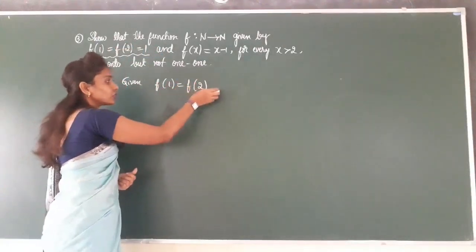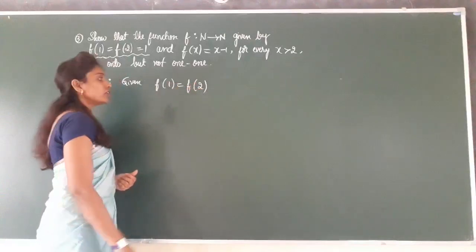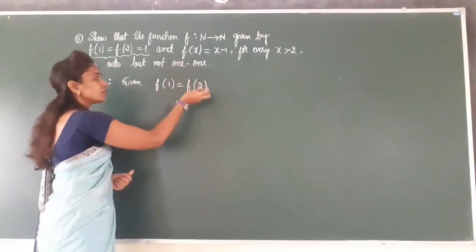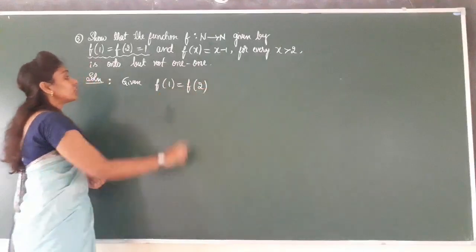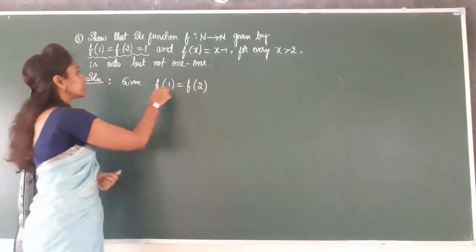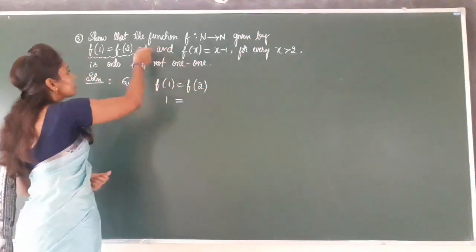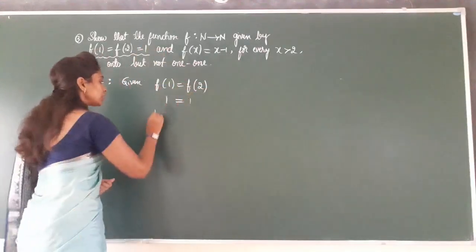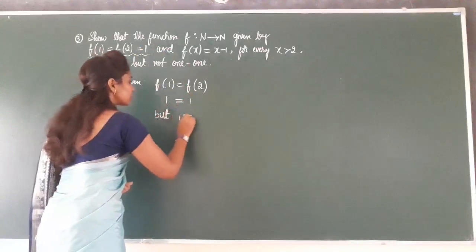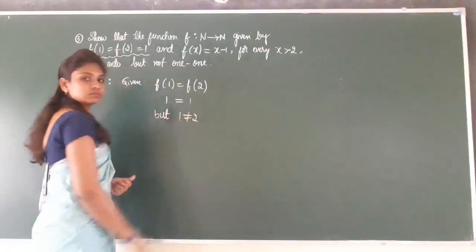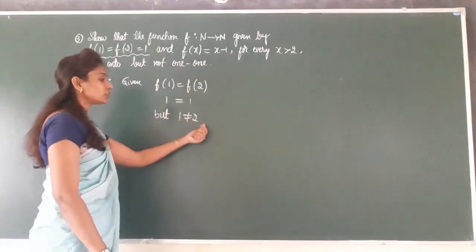We need to prove 1 is equal to 2. But they only gave the value of f of 1. F of 1 value is 1, which is equal to f of 2 value, also 1. But 1 is not equal to 2.